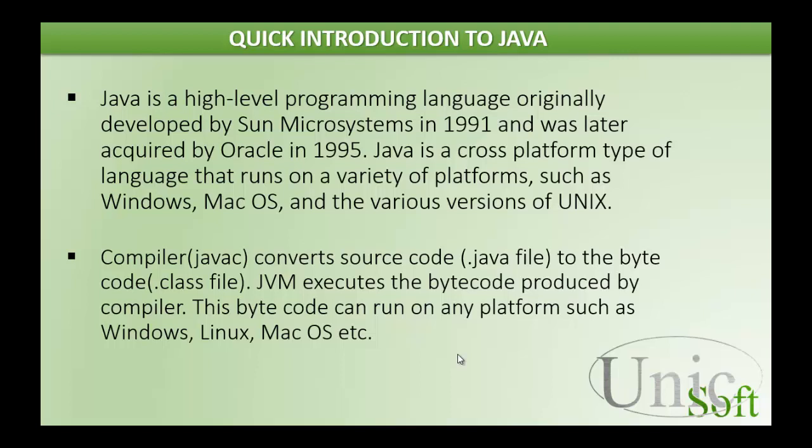So this byte code can now run on any platform. So once you can send that byte code maybe from a Windows to a Mac OS, it has already been made in a language that is kind of common to all operating systems. They have no choice than to just execute it. Doesn't that sound fun? Yes, it is.